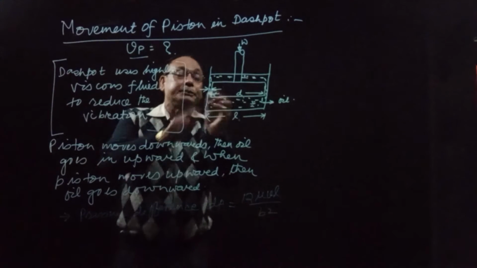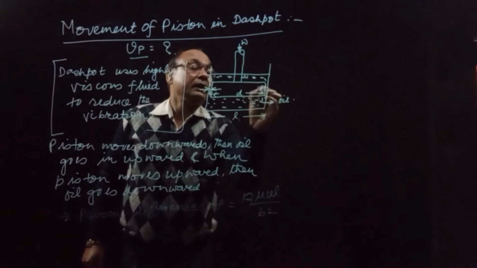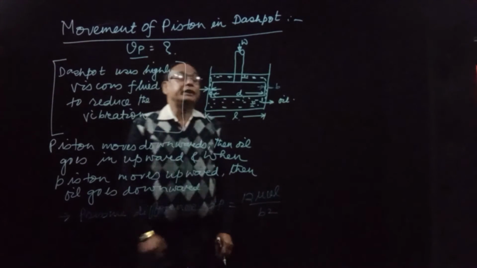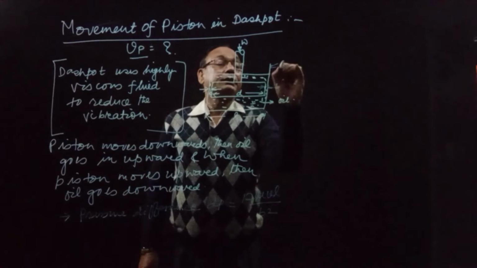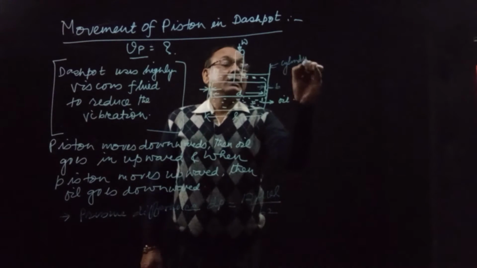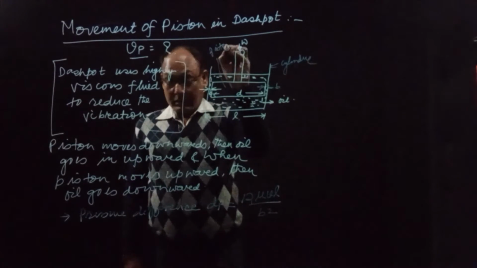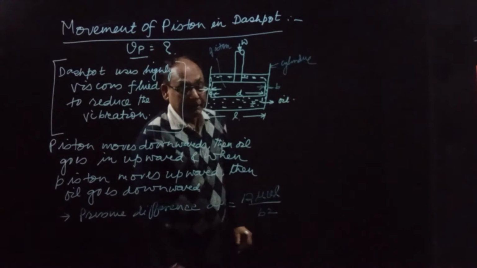B is the gap between the cylinder and the piston. So this is your cylinder and this is the piston. So the pressure difference dP will be 12 mu V L by B square.